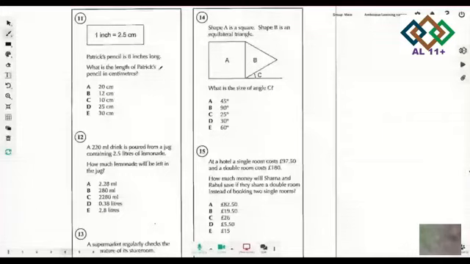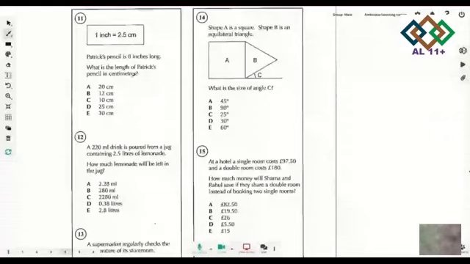So you need to find it in centimeters, and they've given you 1 inch equals 2.5 centimeters. You just need to multiply it by 8. And remember, you need to calculate the length in centimeters. You know that 1 inch equals 2.5. So you multiply 8 by 2.5.